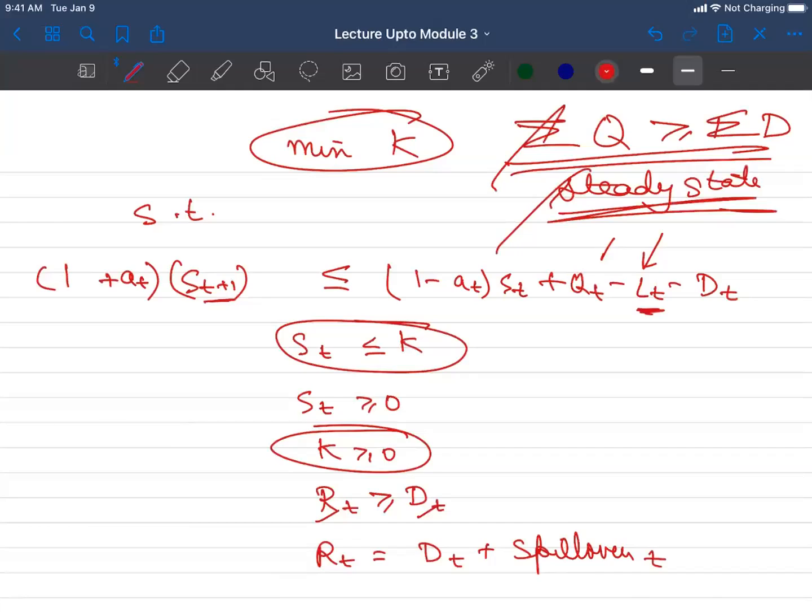Since it's dynamic, it's changing with time, let me put quote unquote steady state. Steady state from the operational point of view. That means we are not saying that in any year the demand can be greater than. So this is overall, not in general. The steady state from operational perspective.